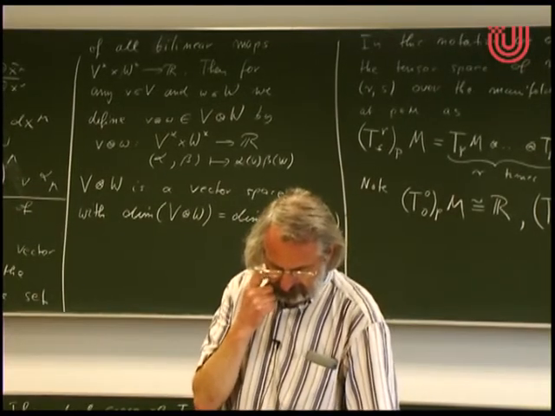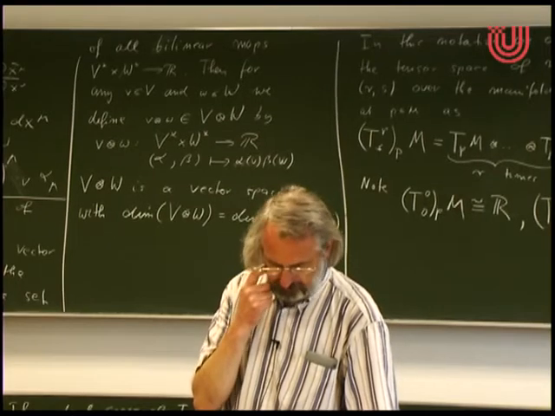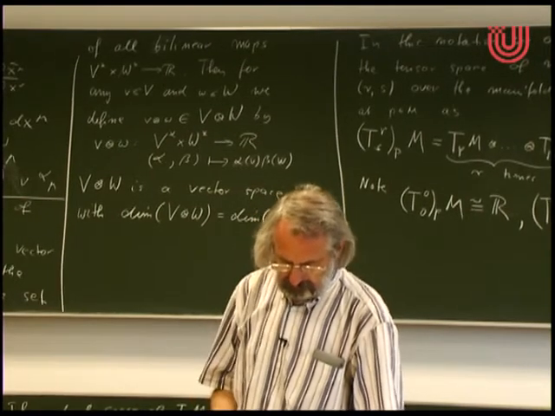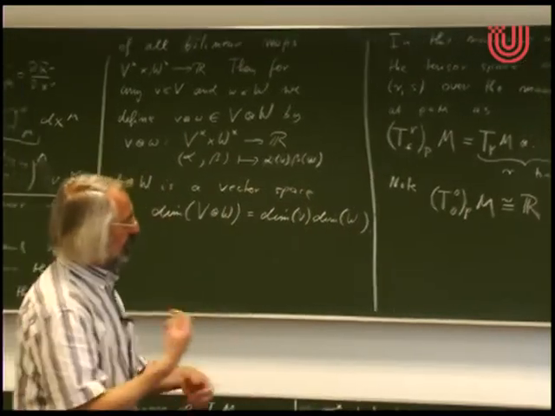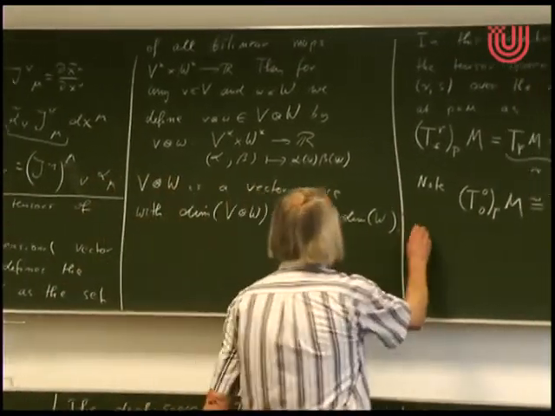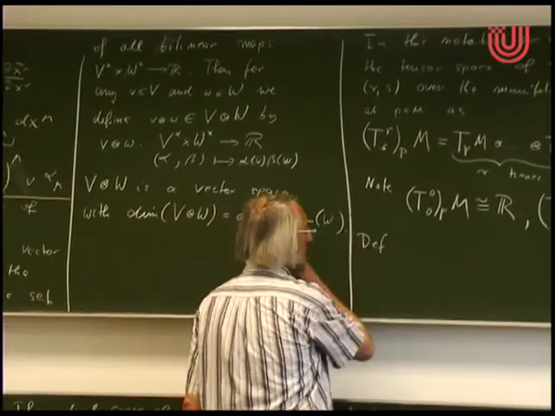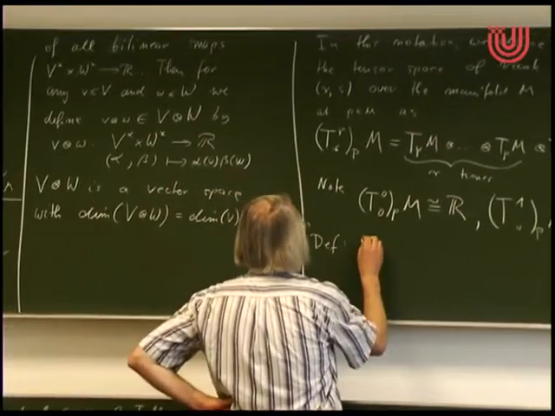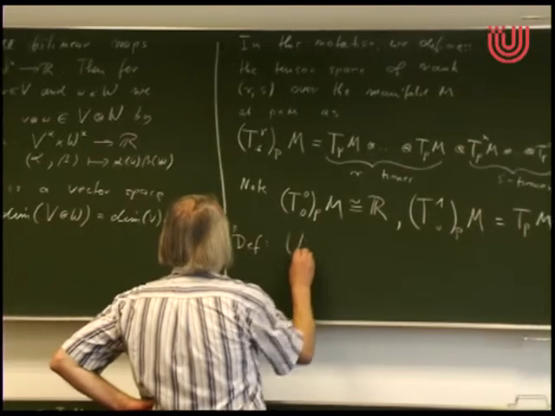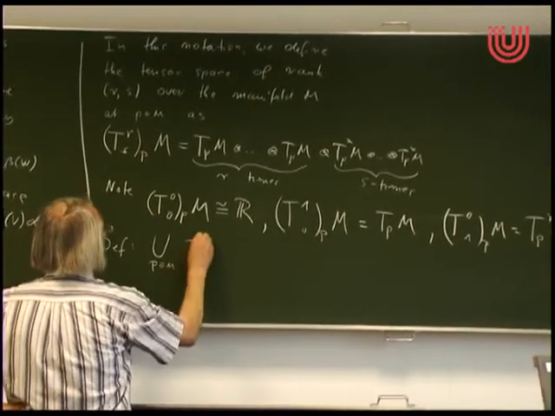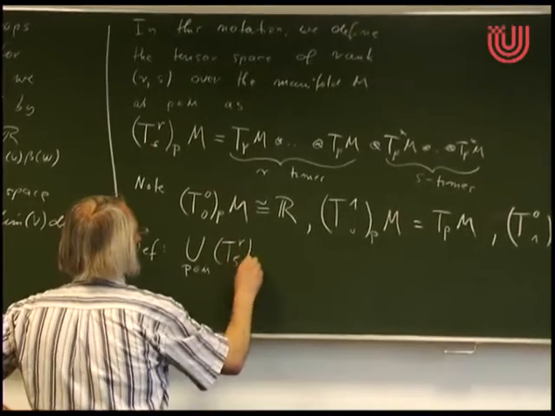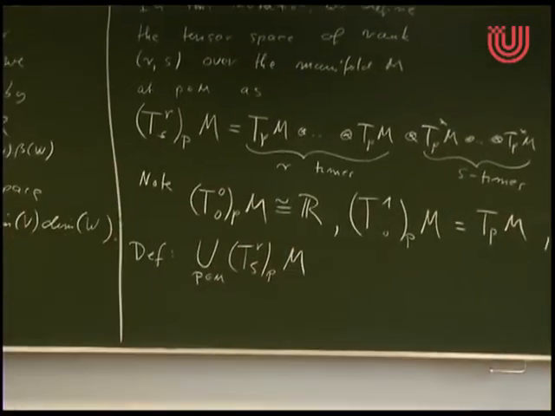Okay, so these are the tensor spaces of higher rank. And now, of course, we can construct the tensor bundles. So now it's just automatic what we are doing. We now define the union over all foot points of these tensor spaces.